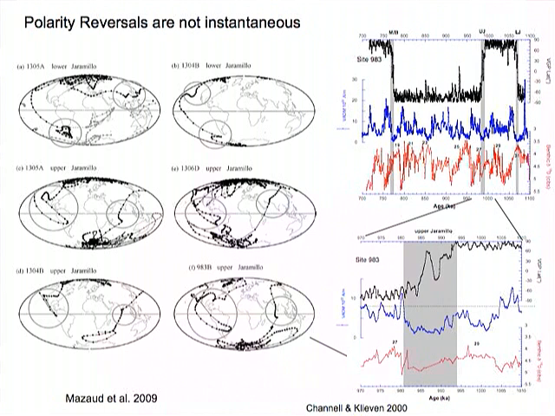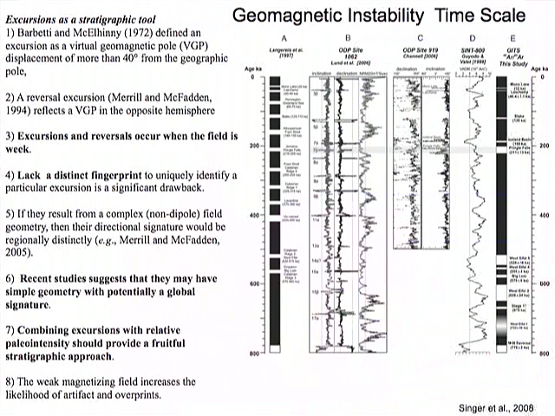If we move on again and talk about excursions, what's cut off here is the idea of the geomagnetic instability time scale, which is something that Brad Singer has been pushing along and pioneering. It's the idea that magnetic excursions, and this is a list of some of the diagnostics of a magnetic excursion, are features in the record.